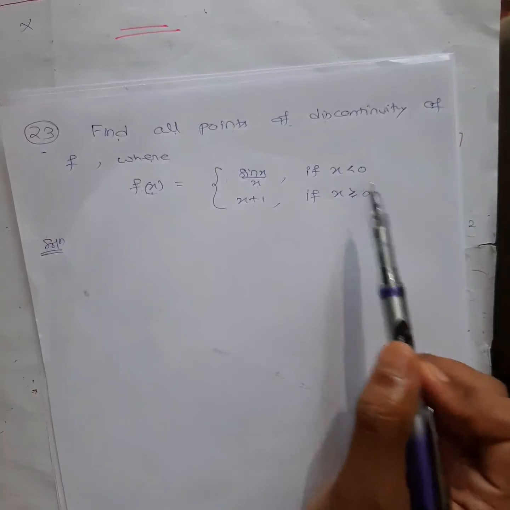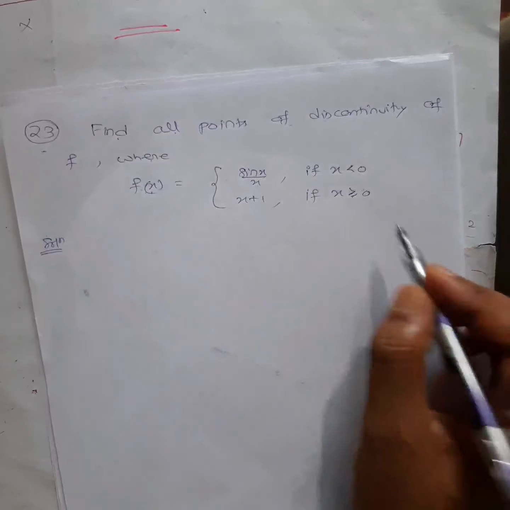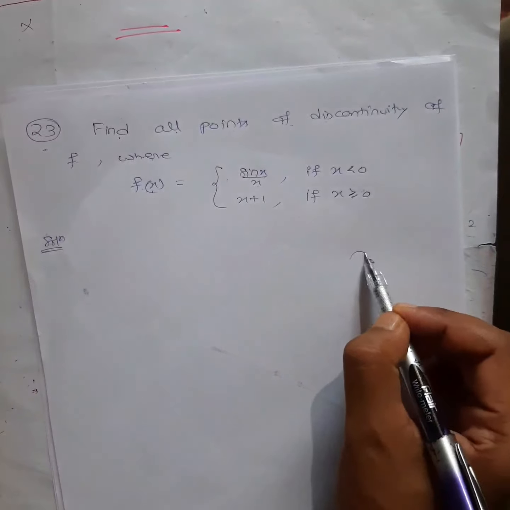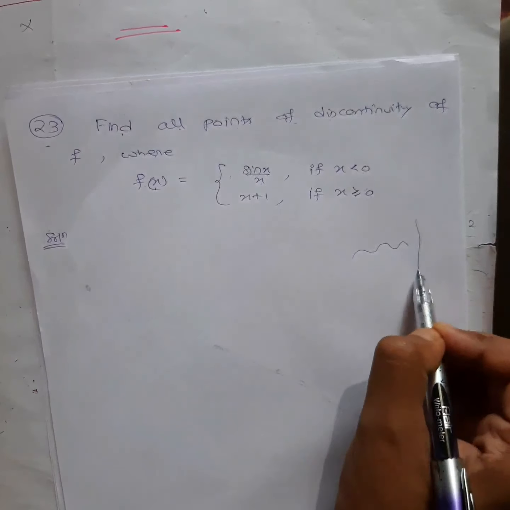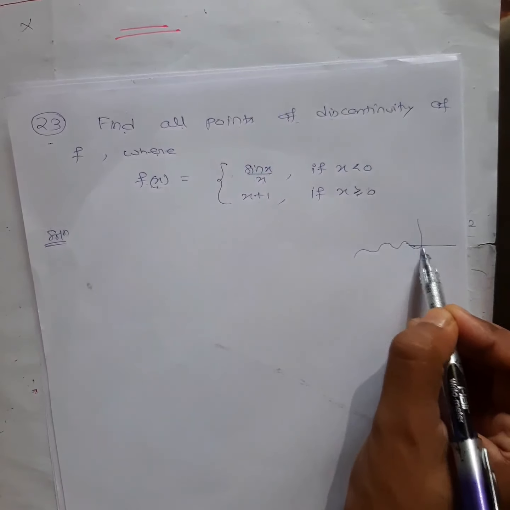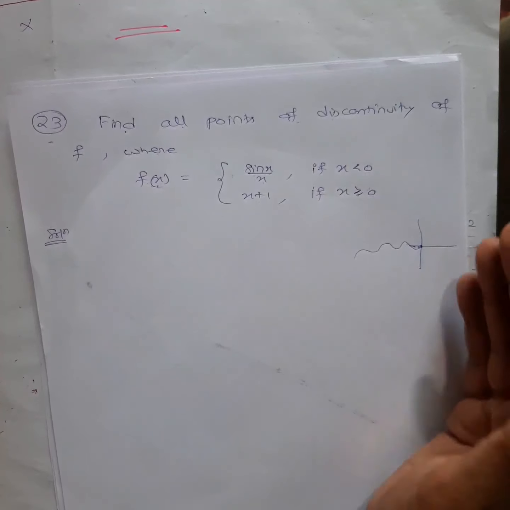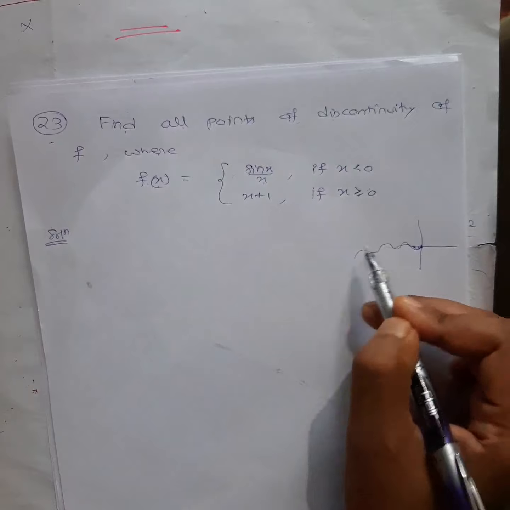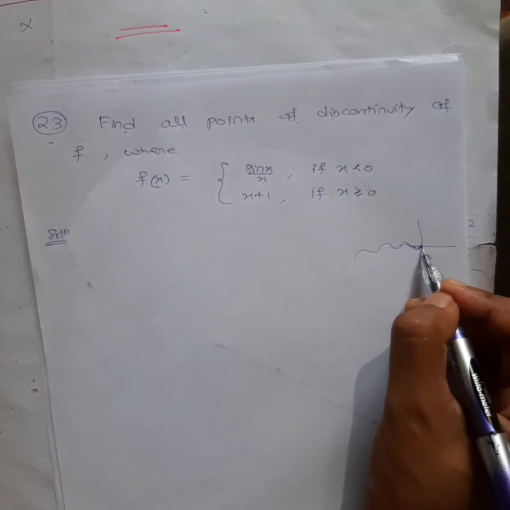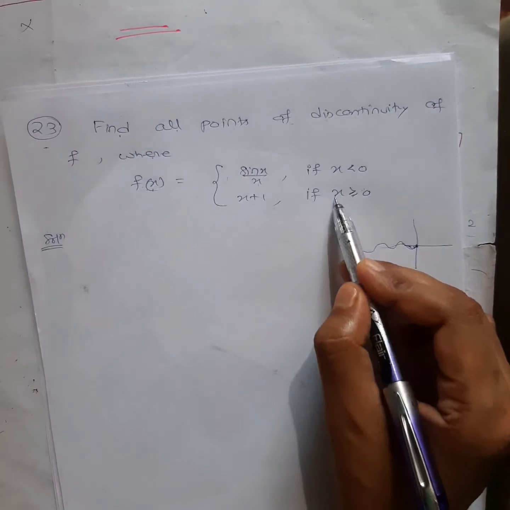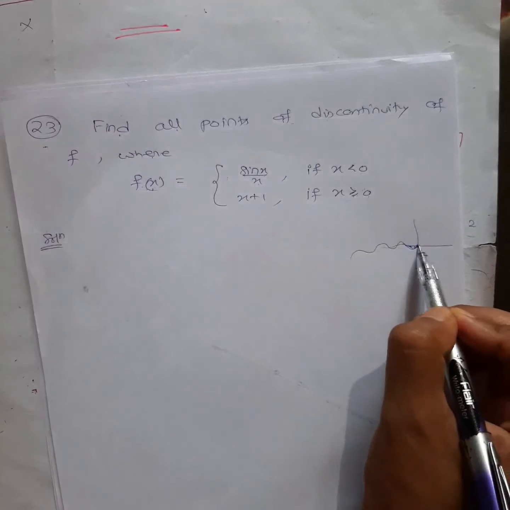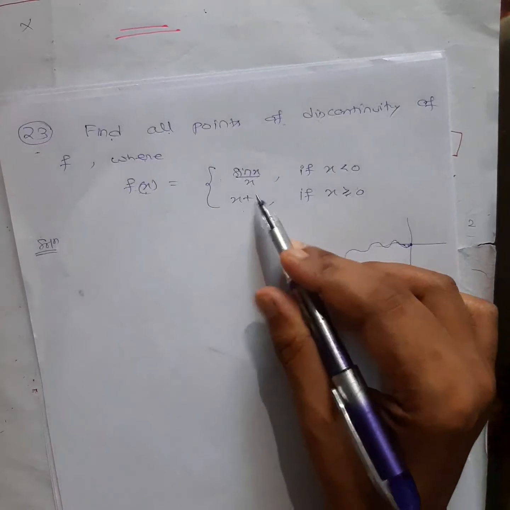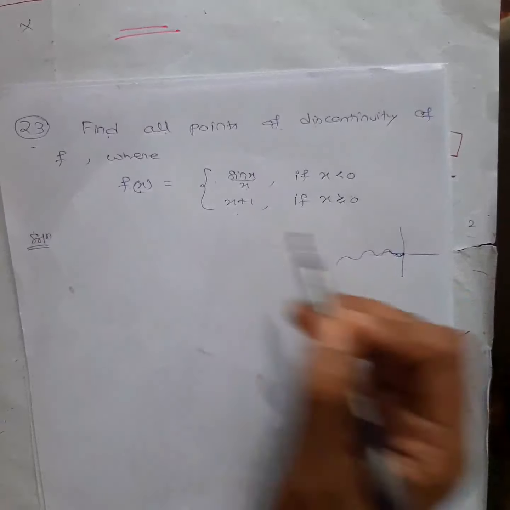We don't know whether the graph will break at 0. For this graph, it will come something like this till x equal to 0. Just before 0, whatever is there, till there the graph will not break for sure. After that, for x greater than or equal to 0, the function is x plus 1, right? So a straight line will be there.